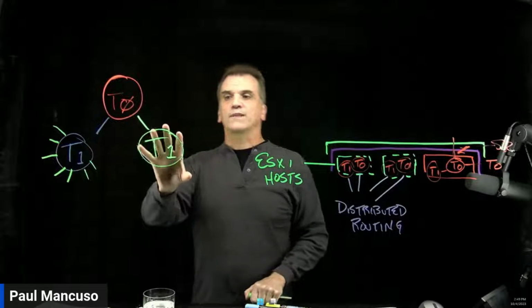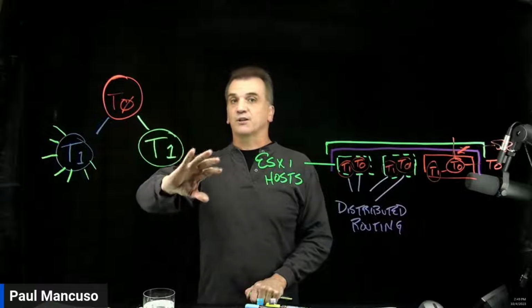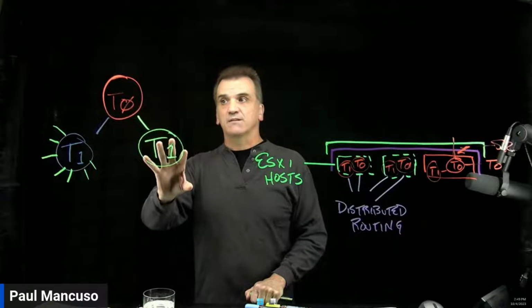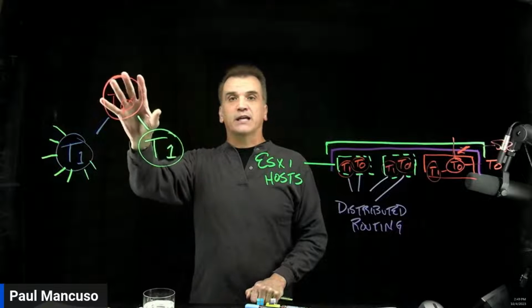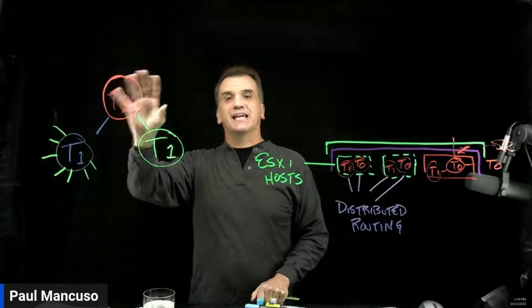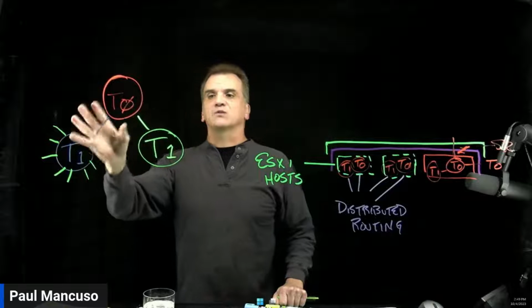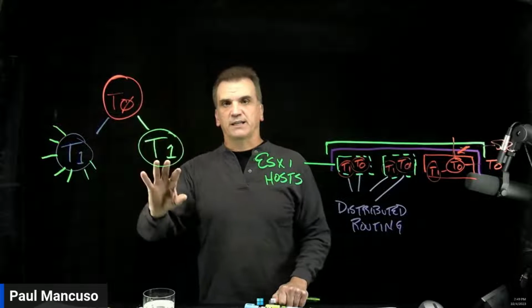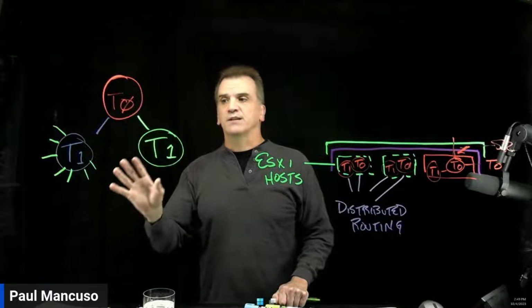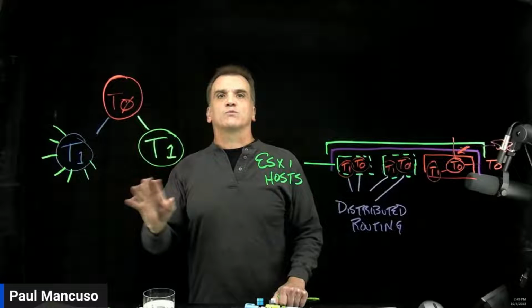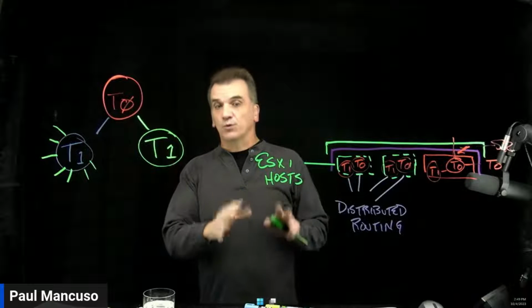But if I want this T1 to represent another virtual routing and forwarding instance, then my T0 here is now providing tenant services to the default tenant, as well as all of the additional tenants that I would wish to add into the environment. And each of them represents their own IP forwarding table.